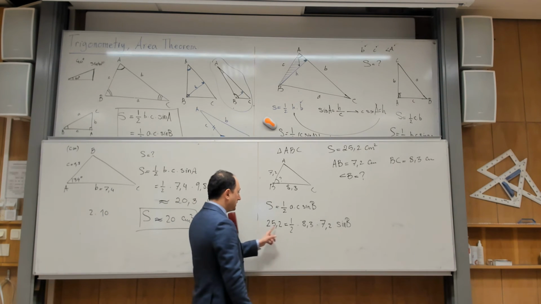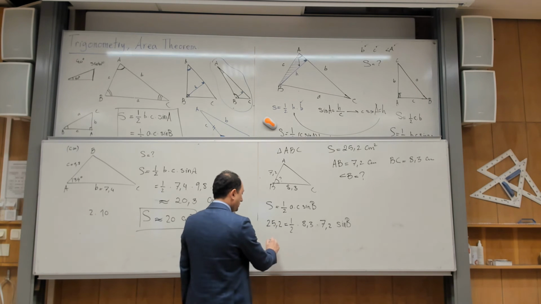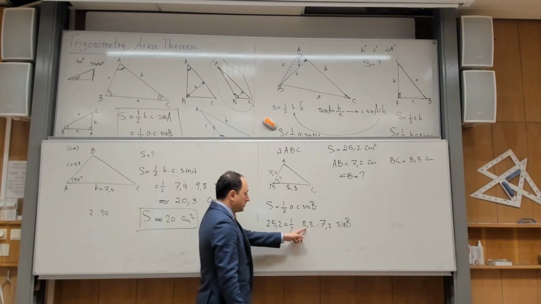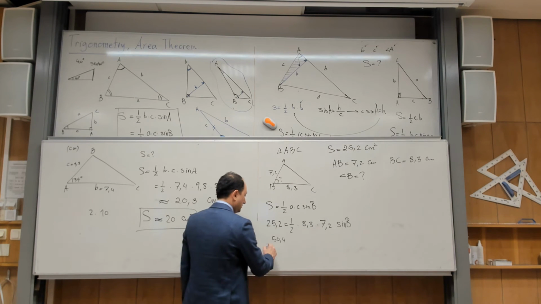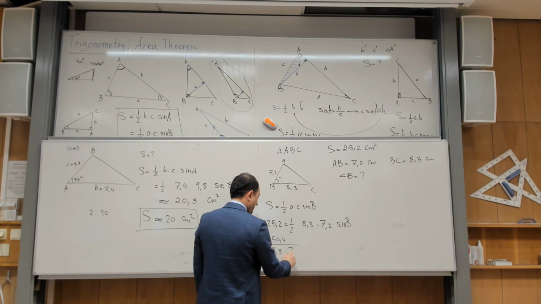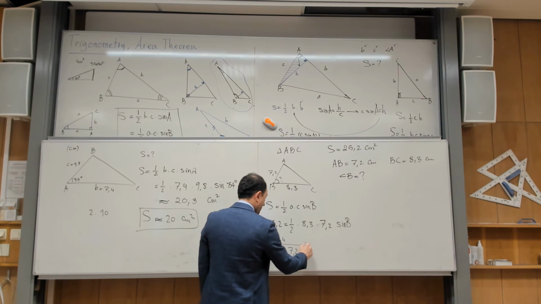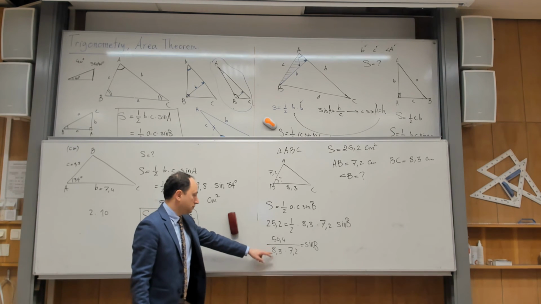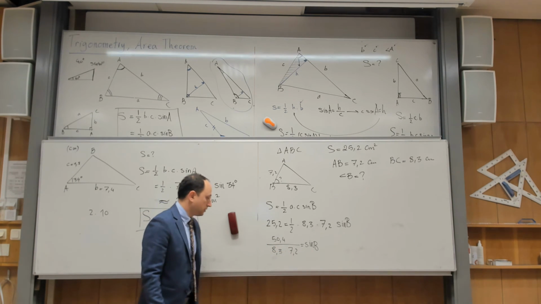So if I multiply this by 2, it becomes 50.4. And I divide by 8.3 and 7.2. I ask for your help to do this one for me. This is sine of B. So you divide this by that and then divide the result by this one as well.